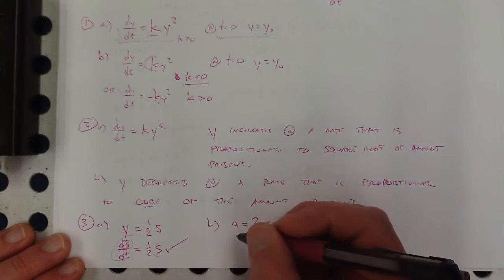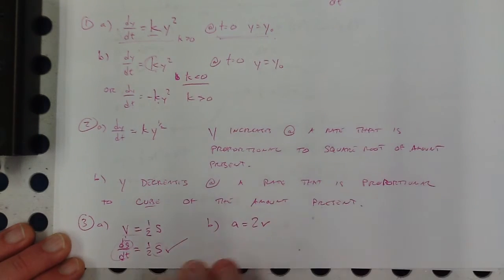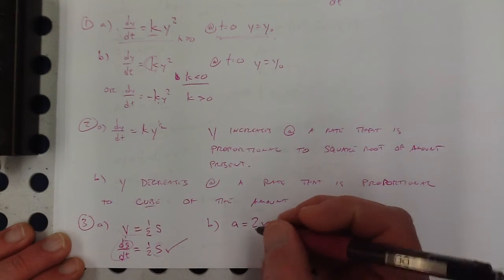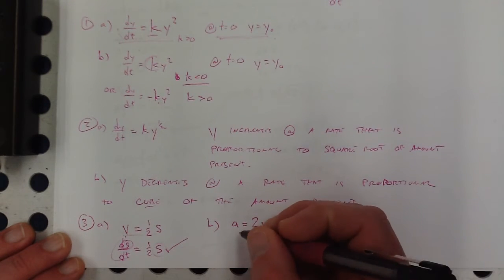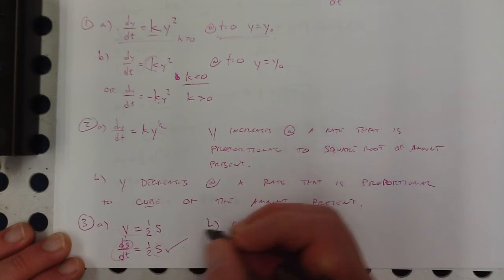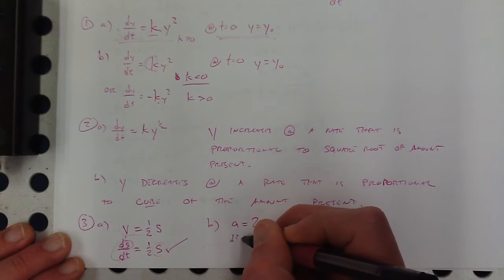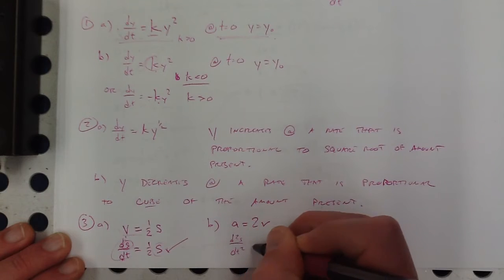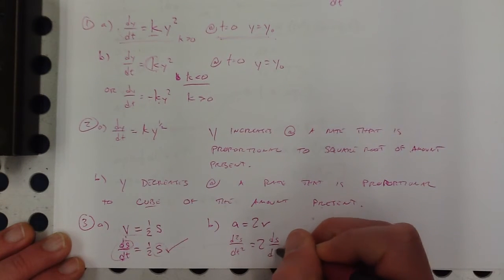So I want everything to be derivatives of s. Now we don't have to solve it, right? What is acceleration? Acceleration is the second derivative of position, and velocity is the first derivative of position.